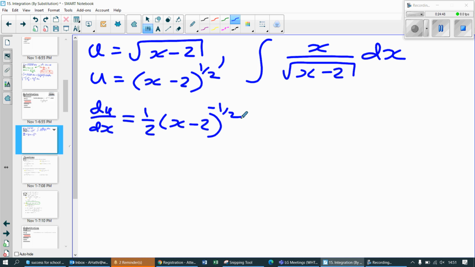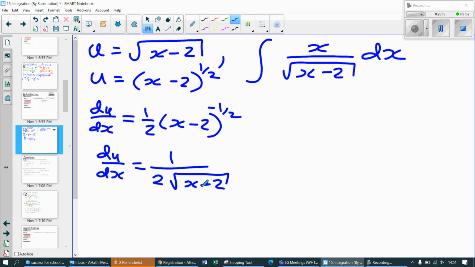Okay. Now, we need to find dx from here. I'm just going to rewrite this for a second. du by dx equals... is everyone happy that when you do power minus half, it's 1 over 2? Everyone happy with that? So now let's figure out what dx is.